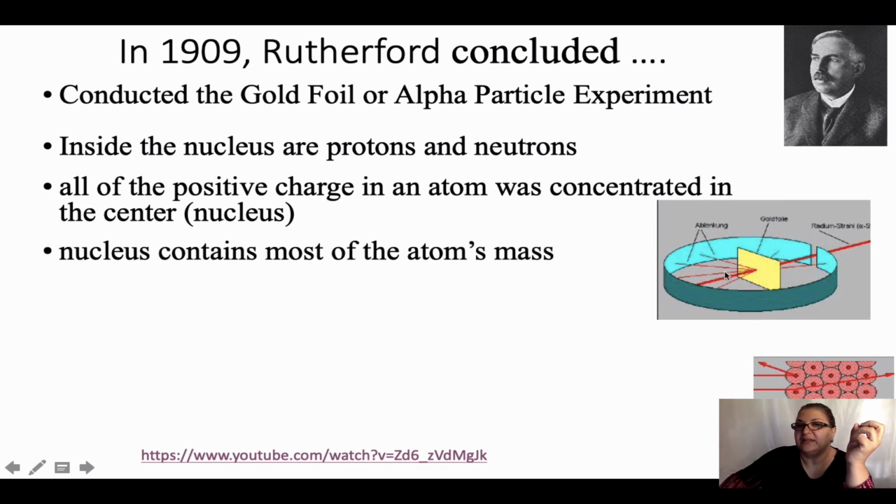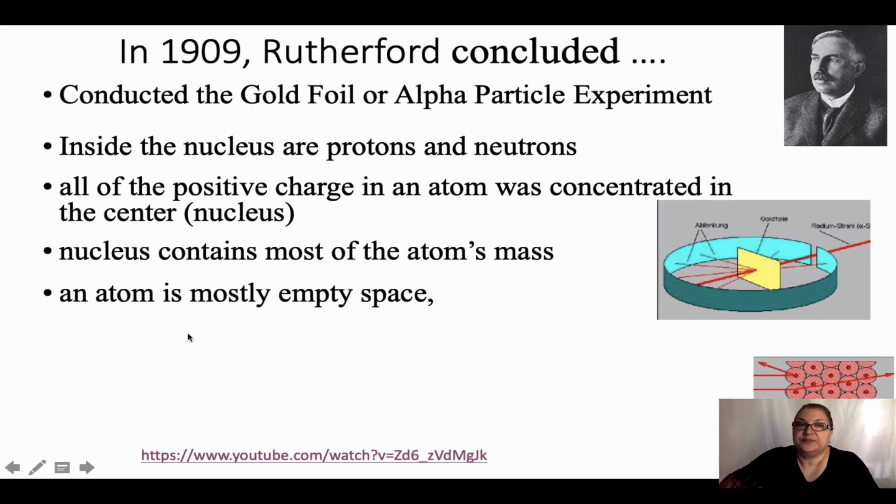So inside the atom is the positive charge, and that's when the alpha, because the alpha particle is positive, hits the center, which is positive, it repels and bounces back. And he also concluded that it's mainly empty space because a lot of the particles just went through.